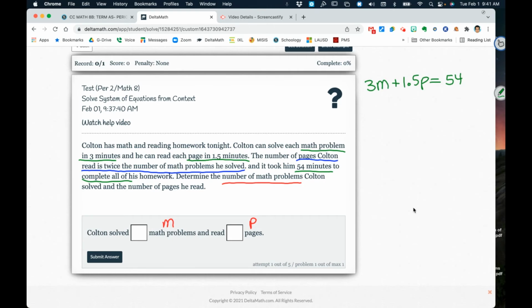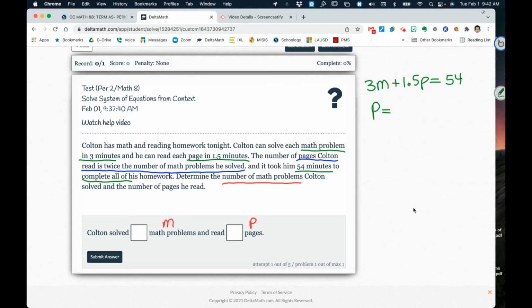What did he do more of? Read pages or do math problems? Based on that, what did he do more of? Reading the pages. Yeah. So the number of pages is P, right? If I want to figure out the number of pages he read, it has to be twice the number of math problems he did.